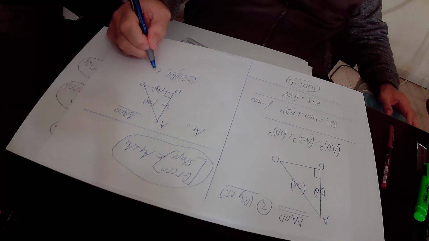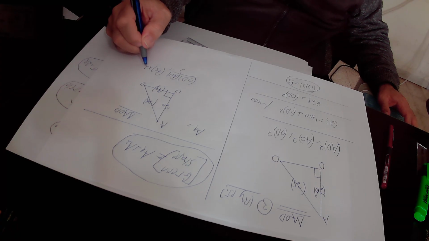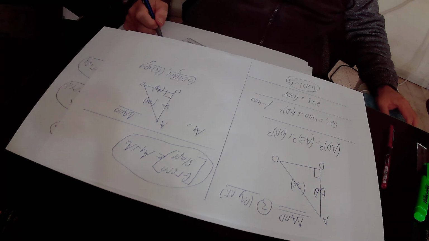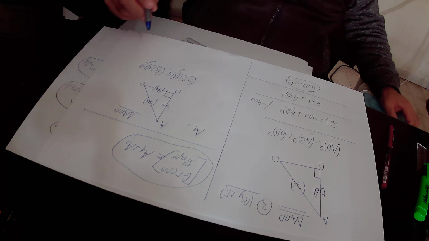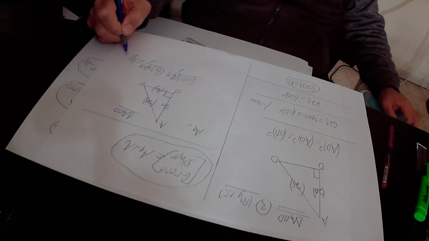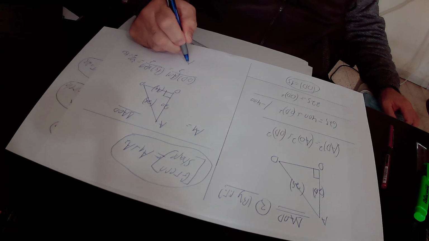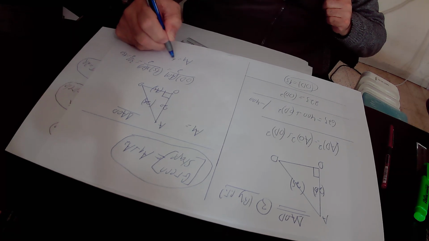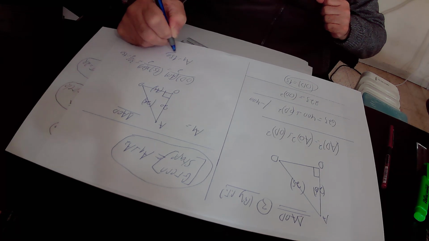OD is 15, AO is 20, over 2. 15 times 20 is 300, and 300 over 2 is 150. So we found out that A1, that is the area of the right triangle AOD, equals 150 square units.